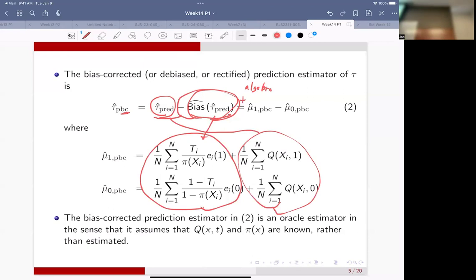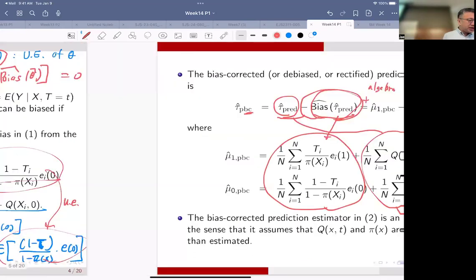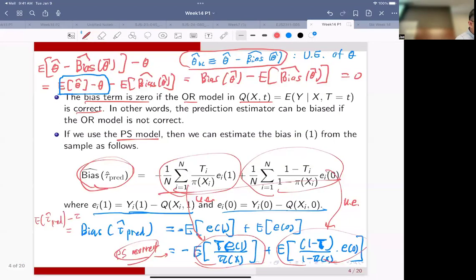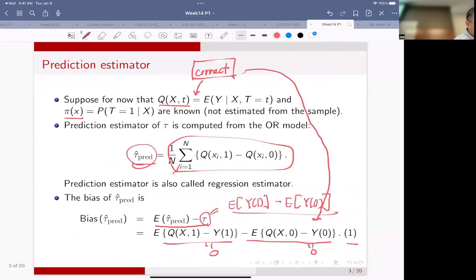So you may wonder. We call it an estimator, but we should be careful, because this is a known function, built on the assumption that this is known. This is a function of Q, so the conditional expectation is known.